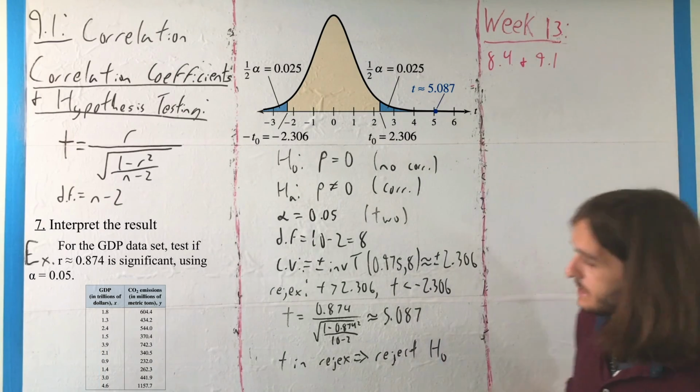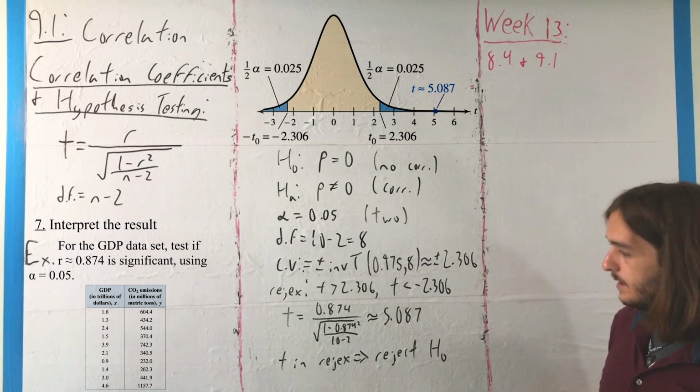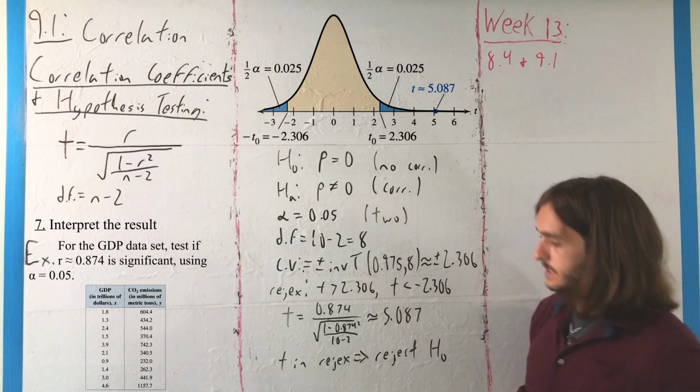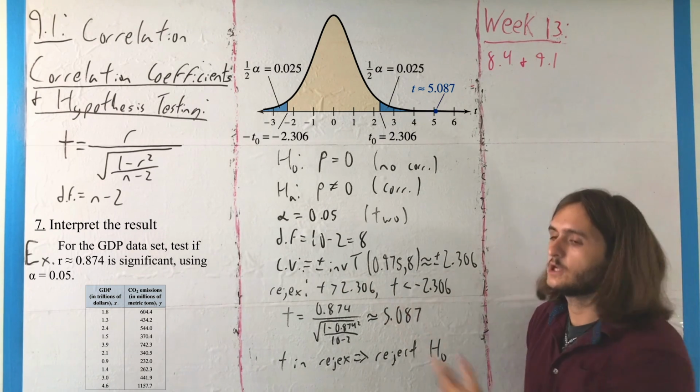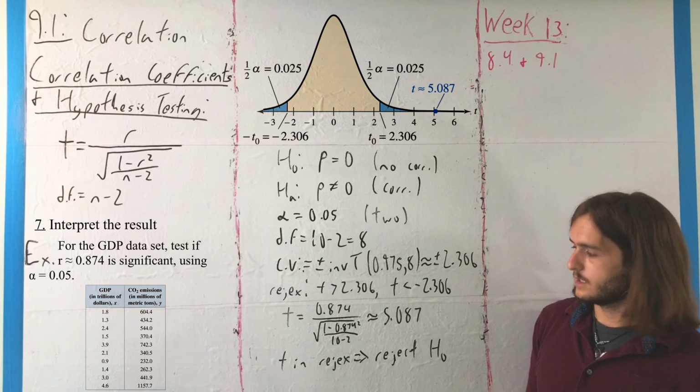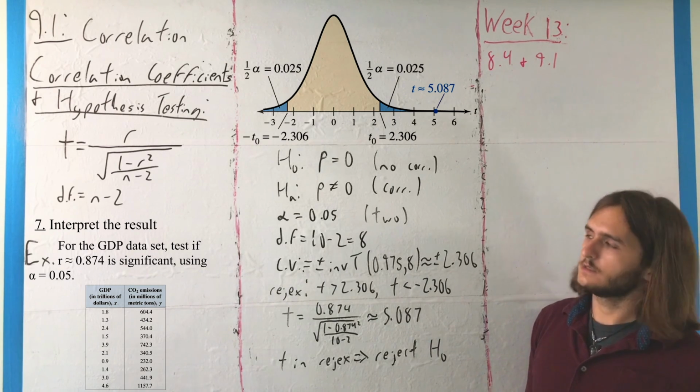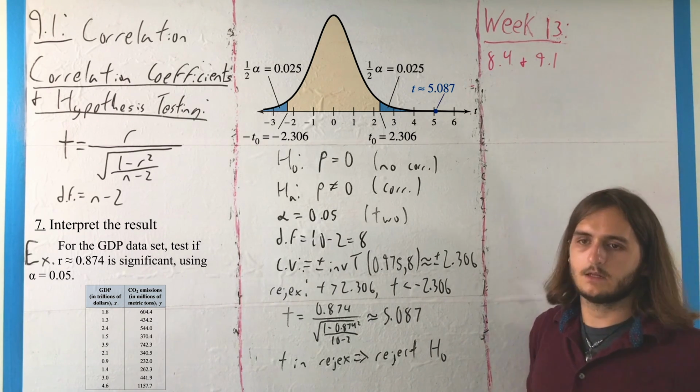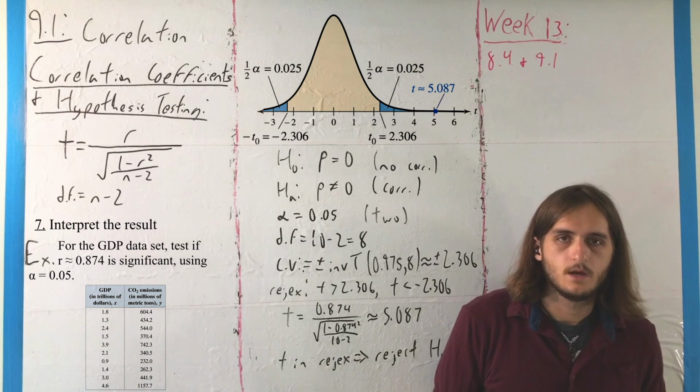We can see that based on the information we have, based on the size of our data set, based on the correlation between our data sets, there is a connection. And that connection is significant. It's not just meaningless, random pieces.